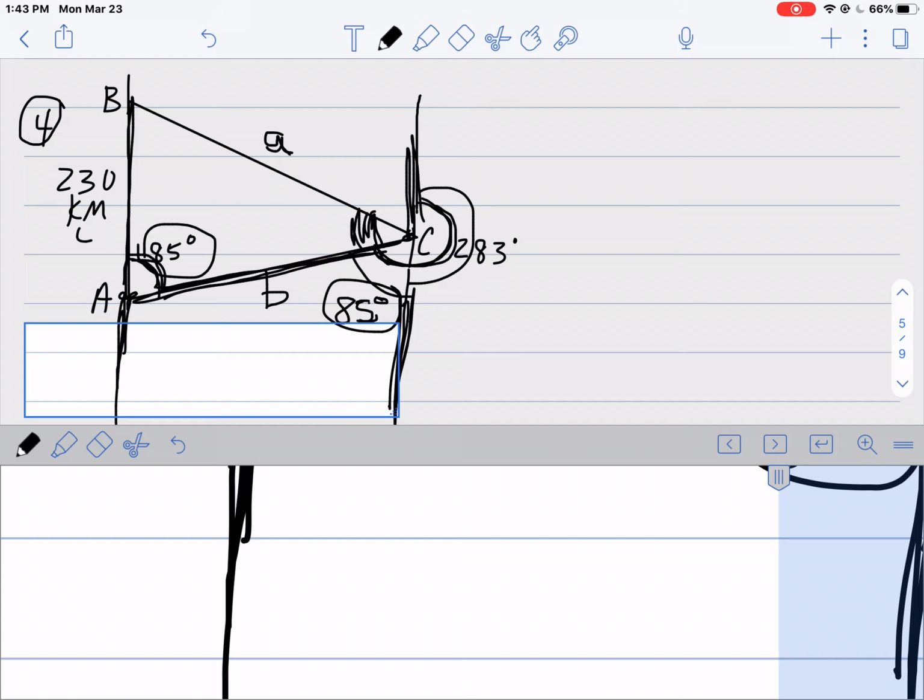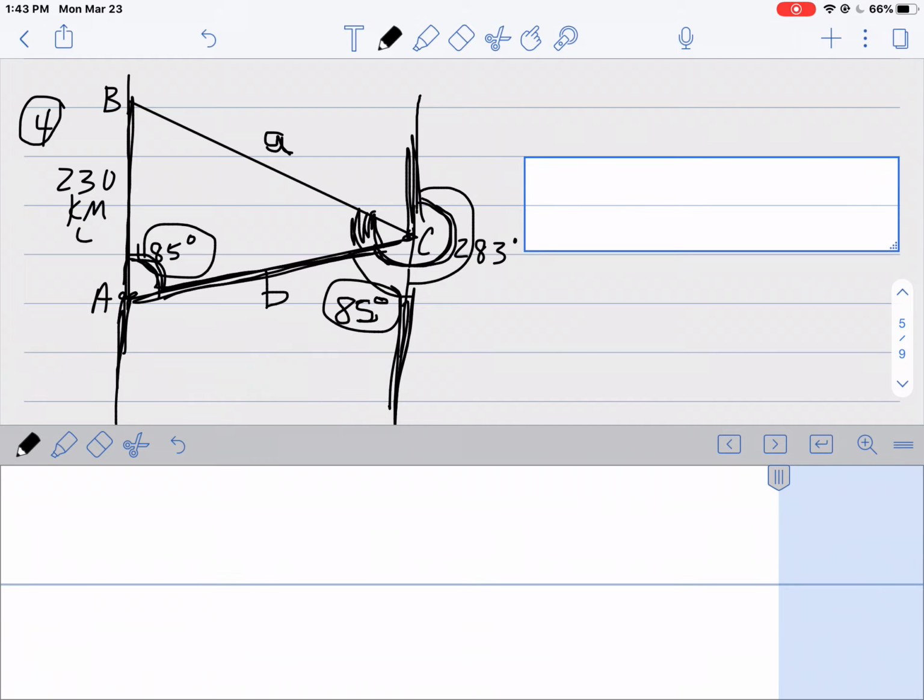within our triangle. But we keep saying with this stuff, it's all about the diagram. You've got to be able to draw the diagram reasonably so that you can find that information.